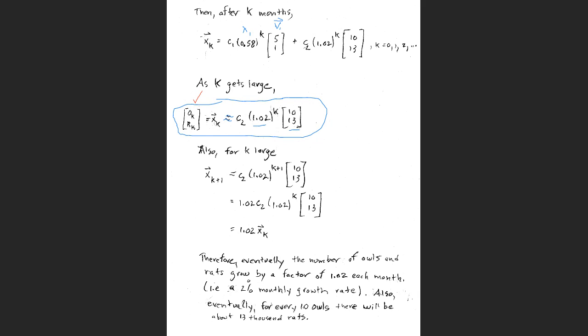Here is eigenvalue lambda 2, and this is eigenvector v2.